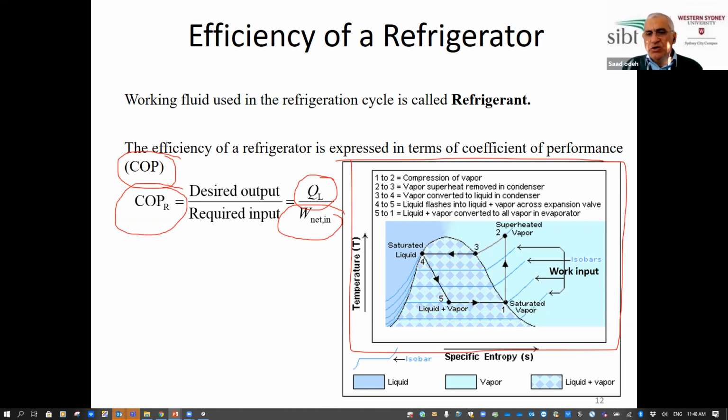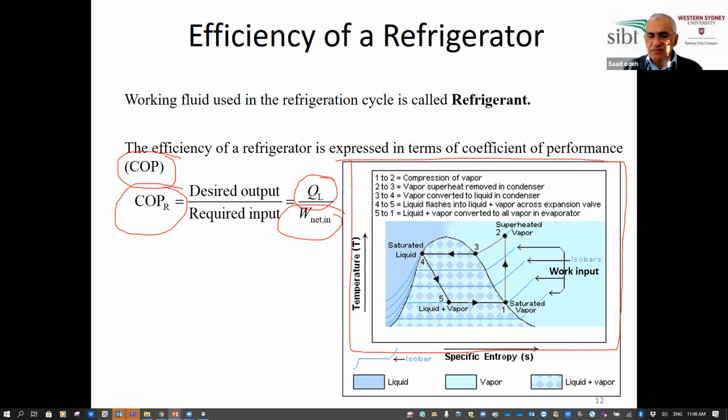But again, you are not required to memorize these charts because it's complicated and you need more work on it. When you see these charts, you should understand at least that this is the cycle of a refrigerator system, or air conditioning system.